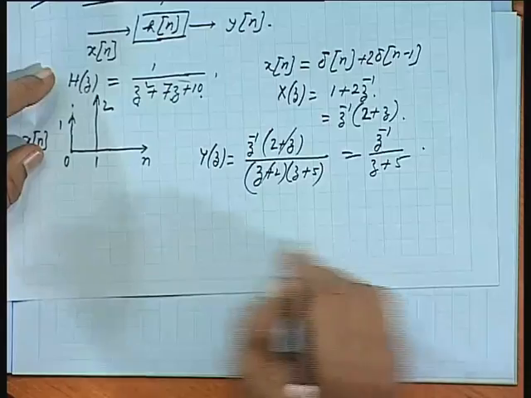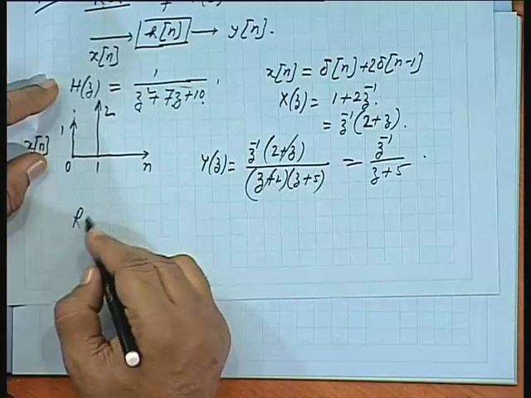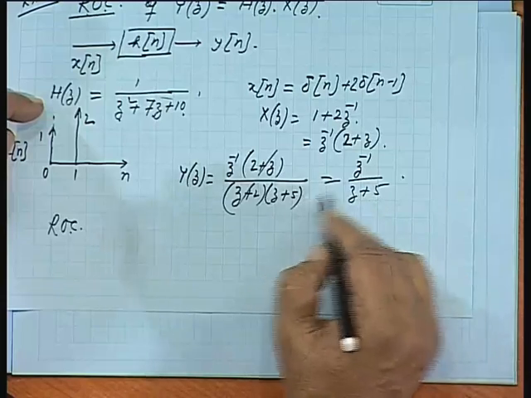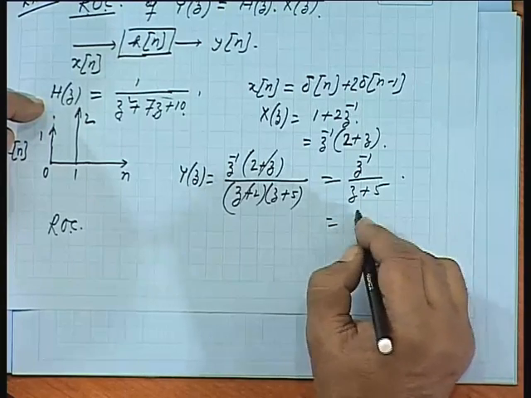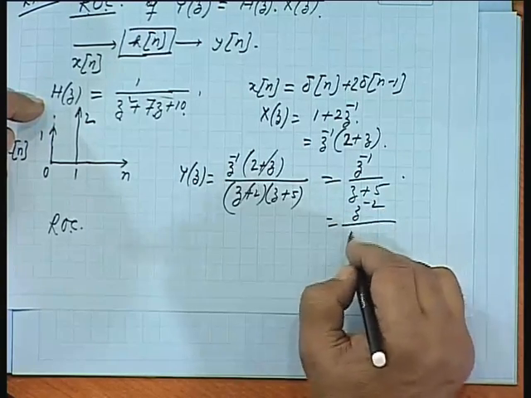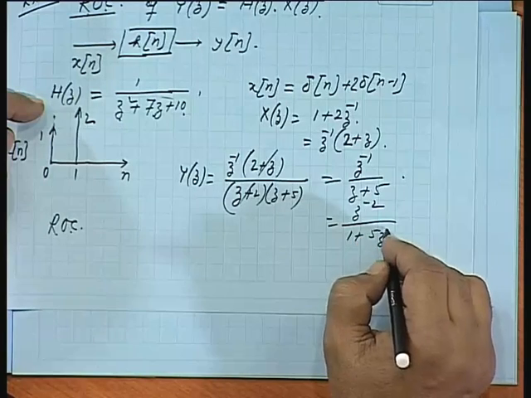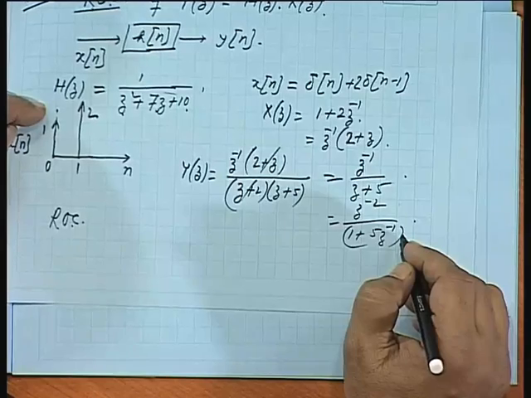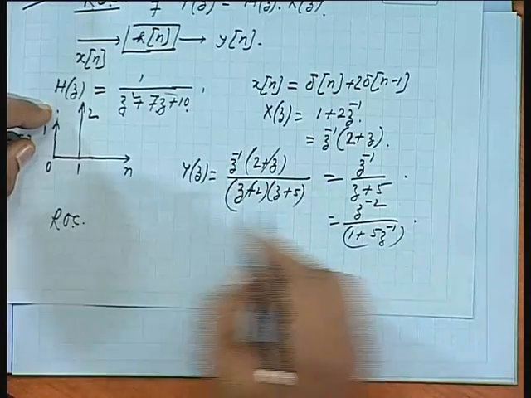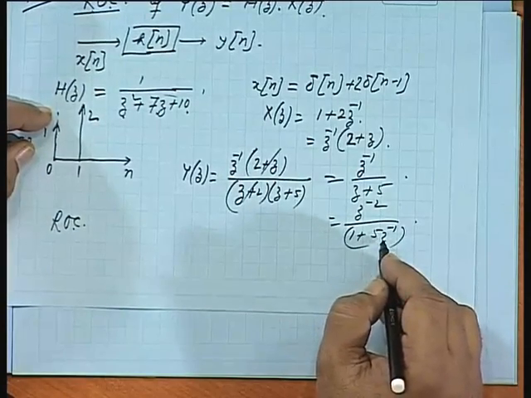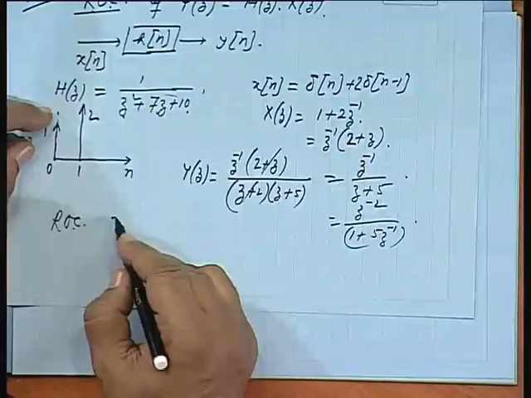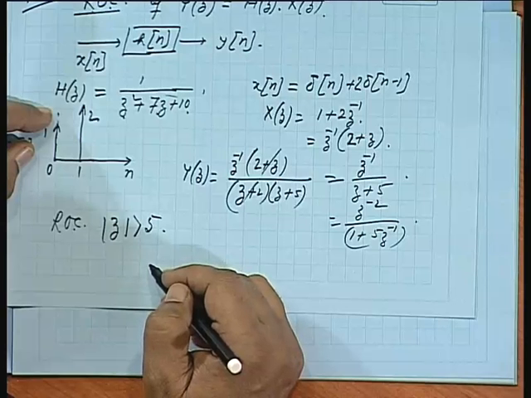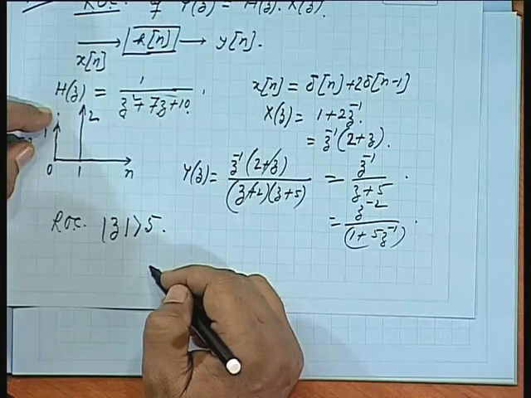Okay. So, what is the ROC? One may take one Z common outside. So, that will become Z to the minus 2 divided by 1 plus 5 Z inverse. Is that all right? So, ROC should be 5 Z inverse should be less than 1, or Z should be greater than 5. Okay.